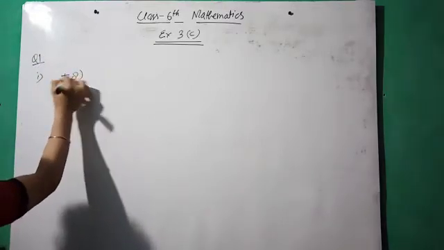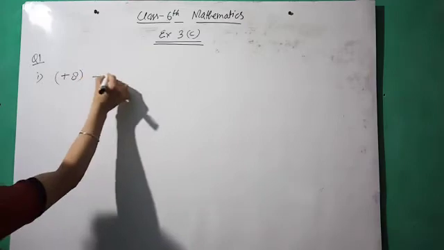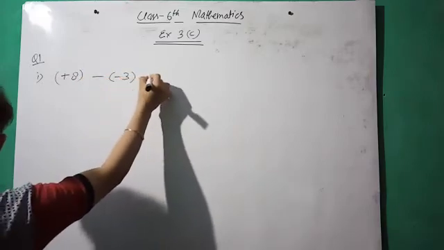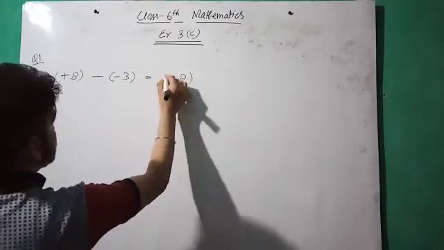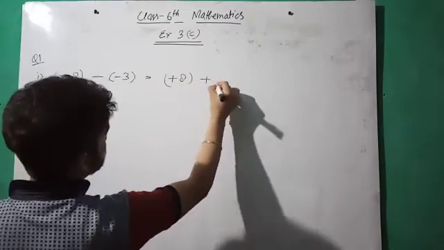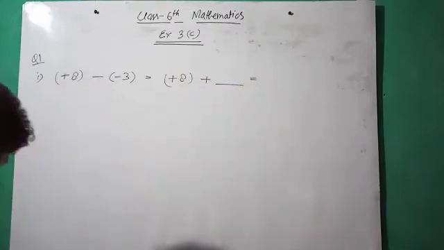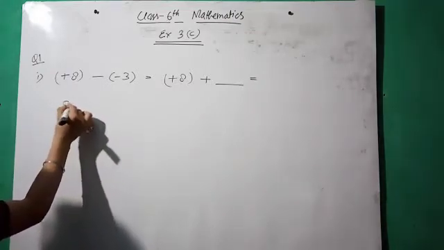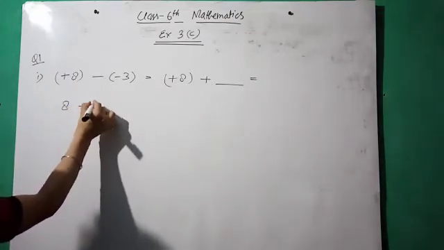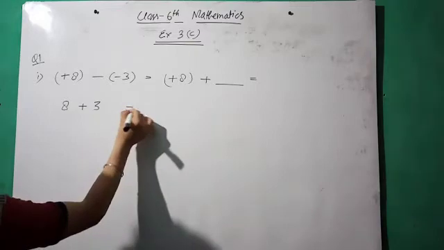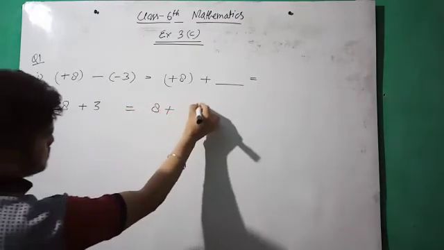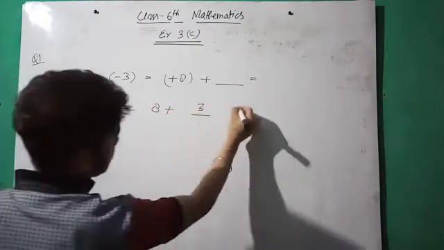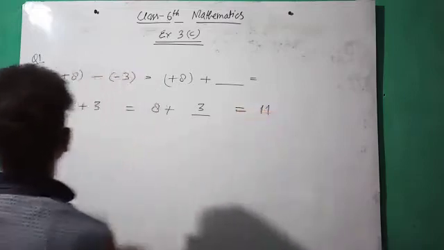Plus 8 is written as 8 minus plus 3 equal to plus 8 plus, then we have to fill the last answer. So this is 3.